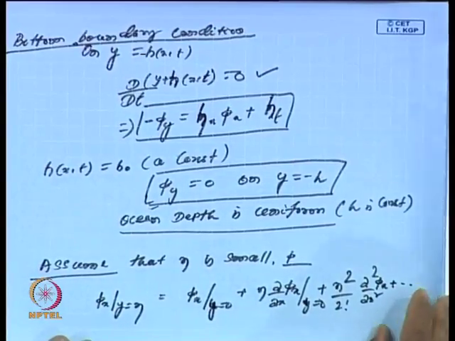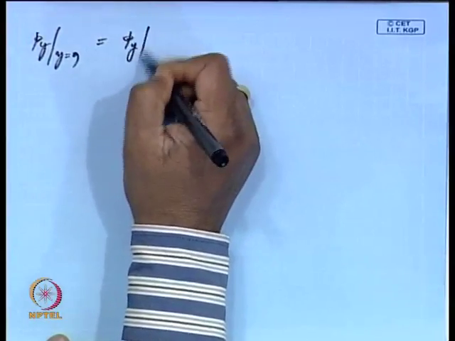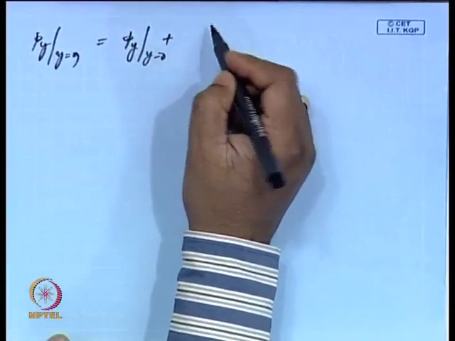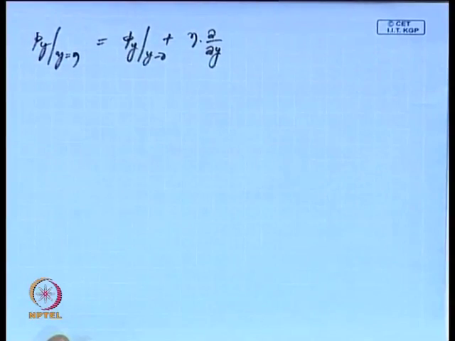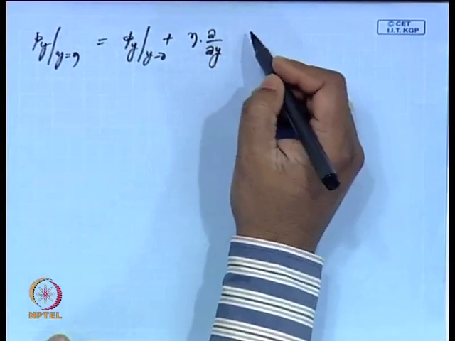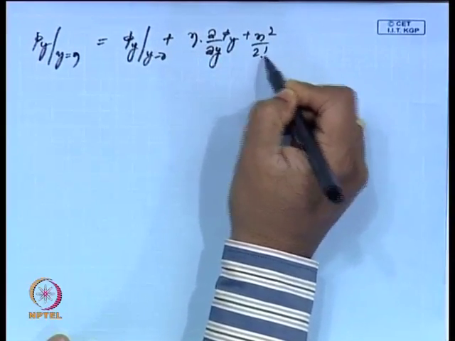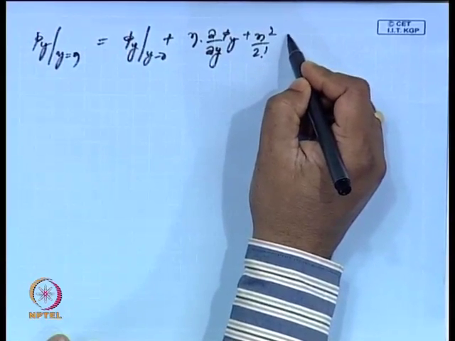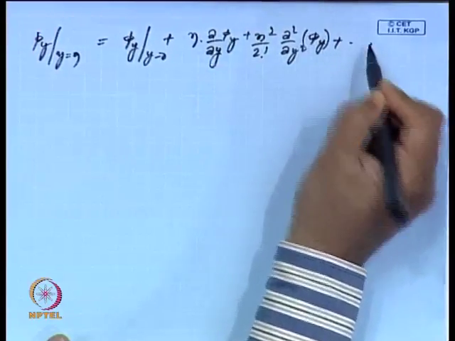Similarly, for phi_y at y is equal to eta, we get phi_y at y is equal to 0 plus eta del by del y of phi_y plus eta square by factorial 2 into del square by del y square of phi_y, plus higher order terms.